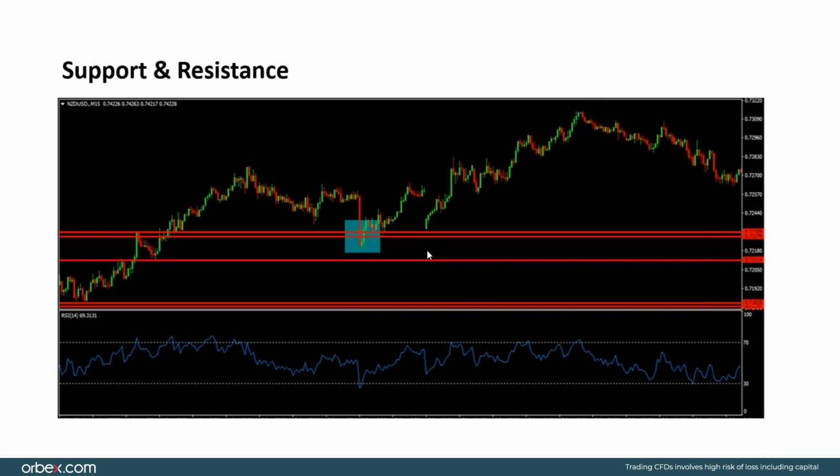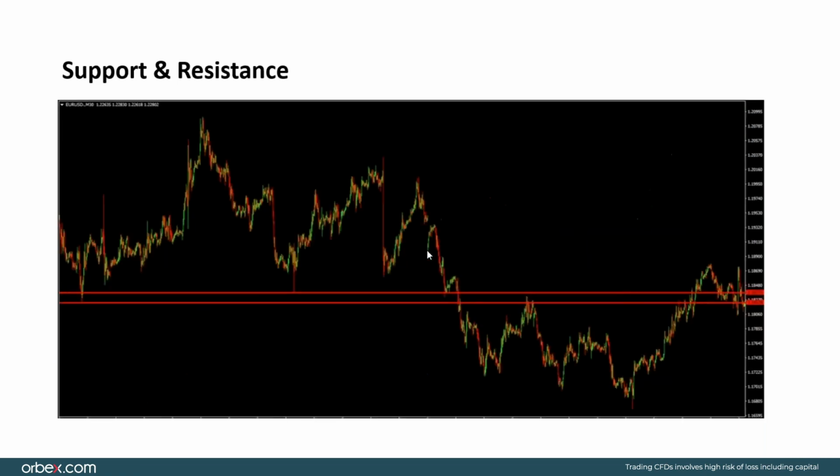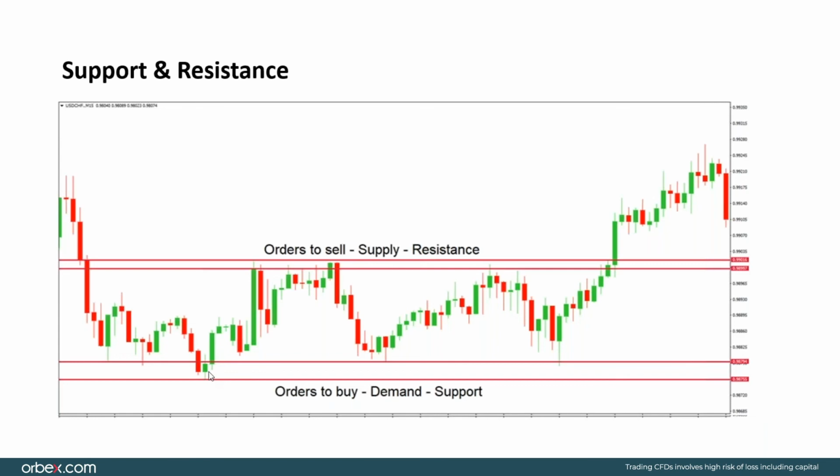If we go back to one of these examples, where price has tested this support zone, and you're trading short here with your stop below this point, then you can either look to target a minimum of 2 times your risk, so essentially 2 times the distance between those two red lines, which would be roughly here. Or you can look to hold it until the other side of the market, because we're anticipating that price is going to continue oscillating within this range. So you have these two options.